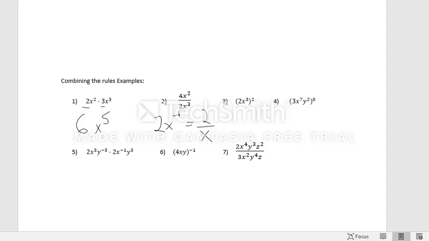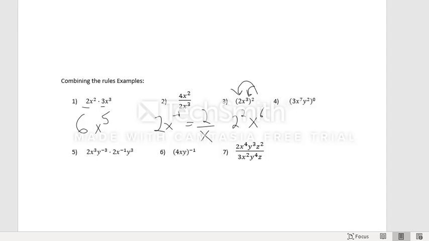All right, number 3. We have something raised to a power. So we're going to distribute that power to both things. All right, 2 to the second power. And then since it's x to the third squared, we're going to multiply those. 3 times 2 is 6, x to the sixth.